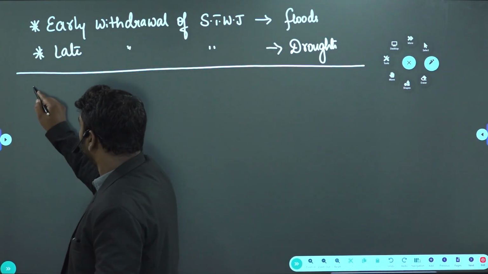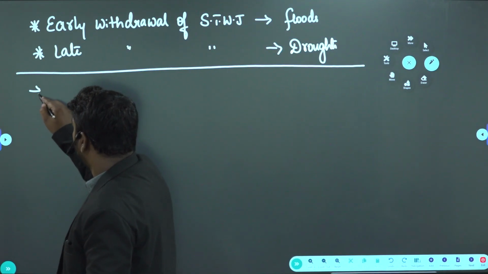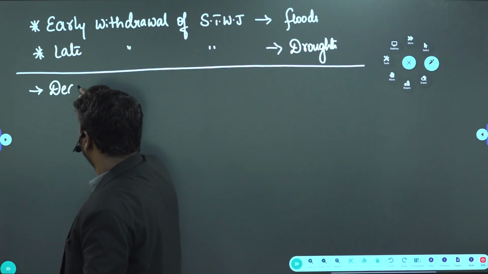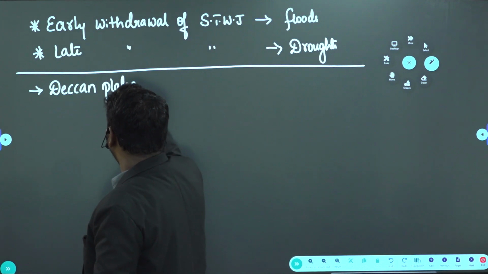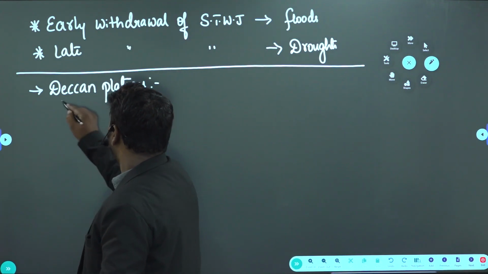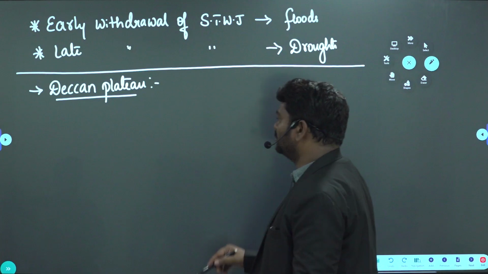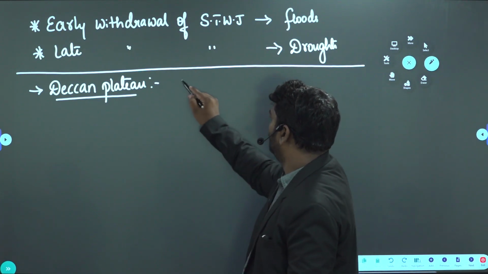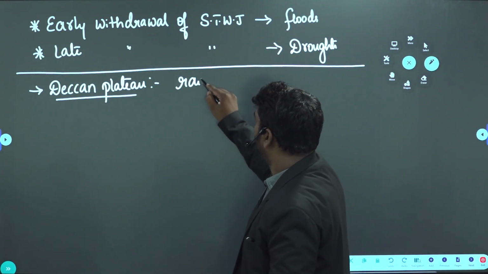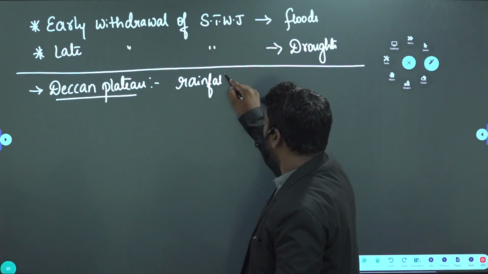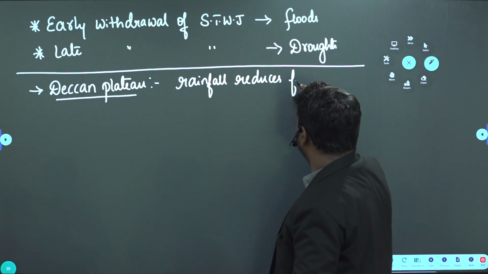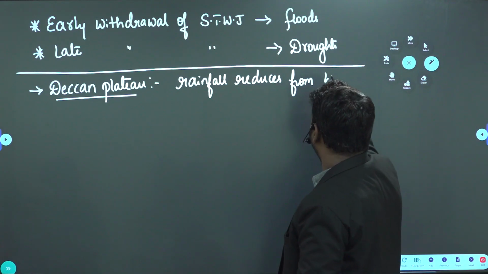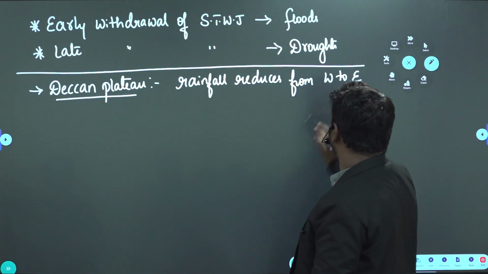So if you see the Deccan Plateau during monsoons, rainfall reduces from west to east.